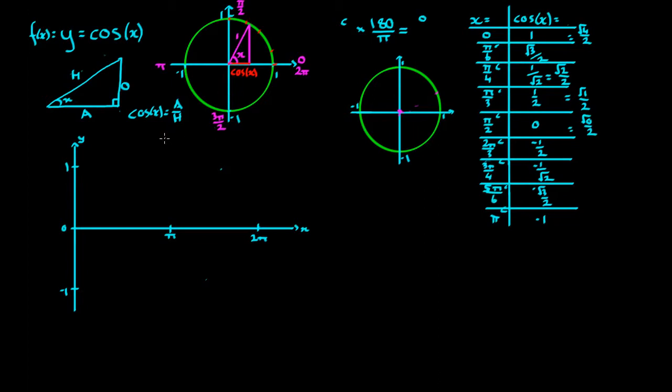So cos of x is equal to a on 1. So cos of x isn't just equal to the ratio of adjacent to hypotenuse, it's equal to the length of the adjacent side, which I have marked in red in the drawing above. So that length there is the cos of x.